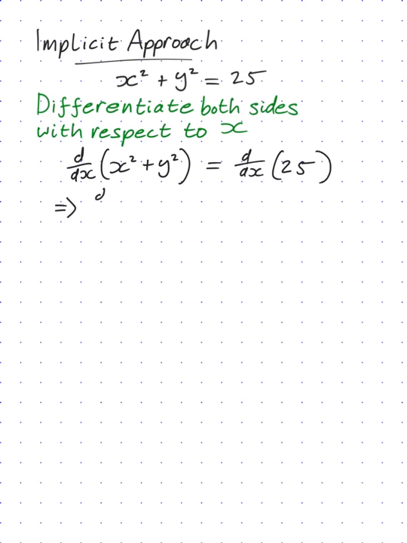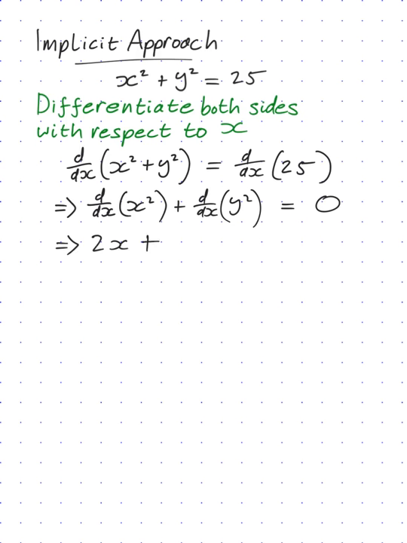Then I take that term by term on the left, so the derivative of a sum is just the sum of the derivatives, so that's d/dx of x squared plus d/dx of y squared, and the derivative of 25 with respect to x is just 0.